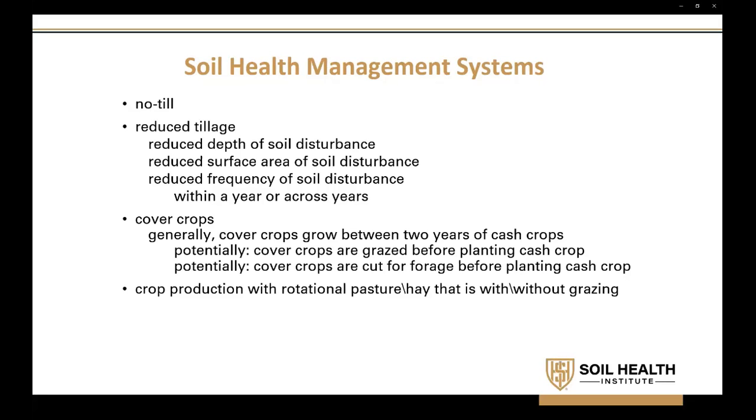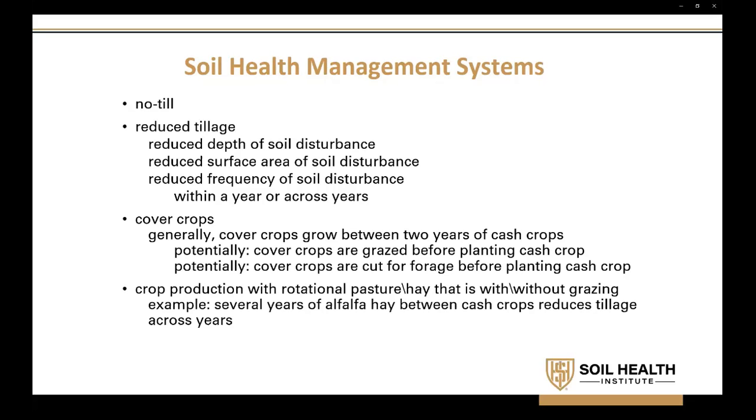Another type of soil health management system is crop production with either rotational pasture or hay, that is either with or without grazing. An example of this would be having several years of alfalfa hay between cash crops, which reduces tillage across years.